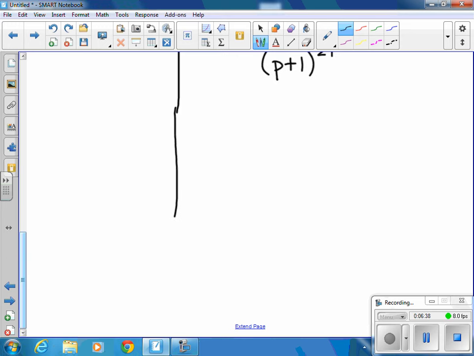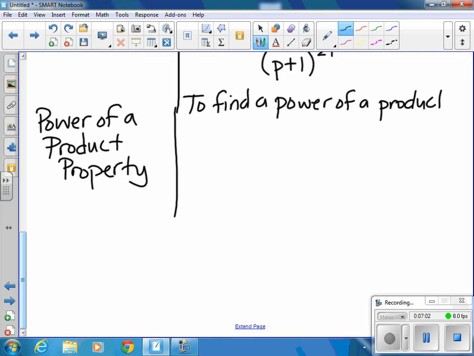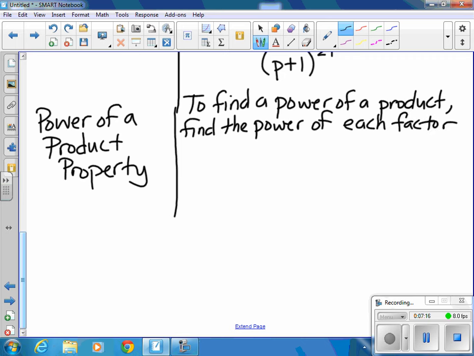All right, the third property is the power of a product property. All right, and with this one, to find a power of a product, find the power of each factor and multiply.